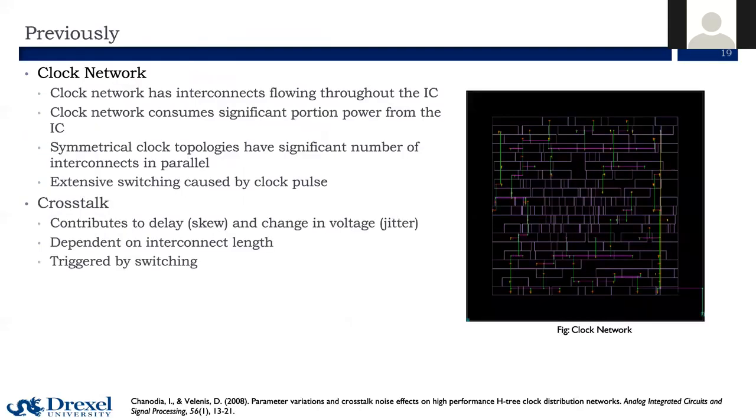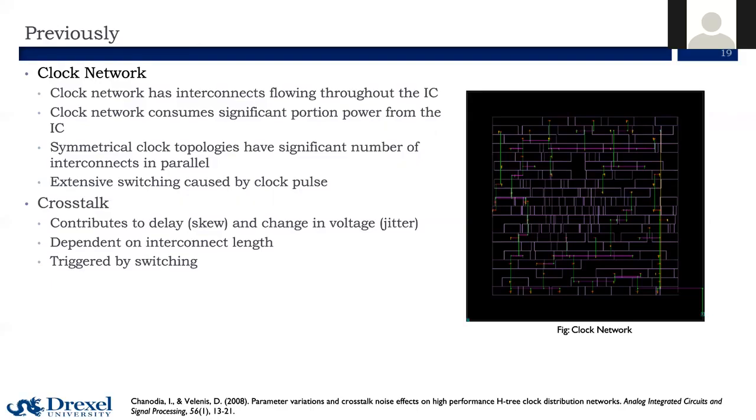In this section, we will see what kind of effect we can expect from crosstalk on a clock network. Previously, we had discussed that a clock network has interconnects flowing all over the IC. It consumes a significant amount of power. Symmetrical clock topologies have a significant number of interconnects in parallel, and there is extensive switching caused by the clock pulse.